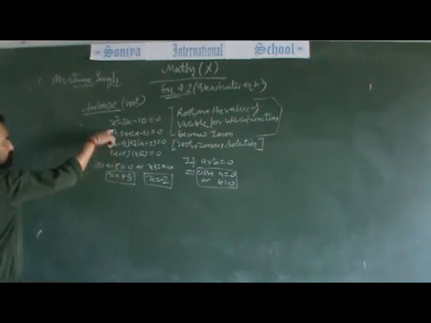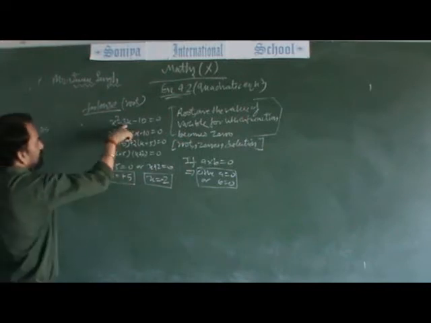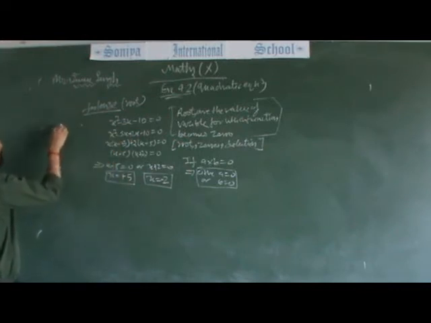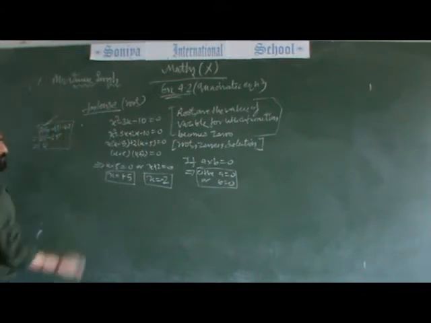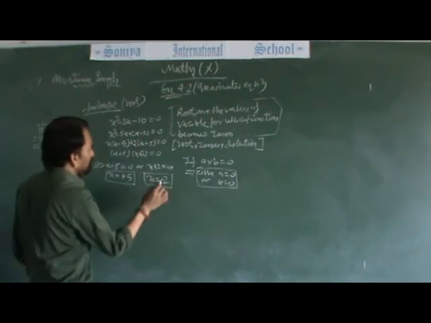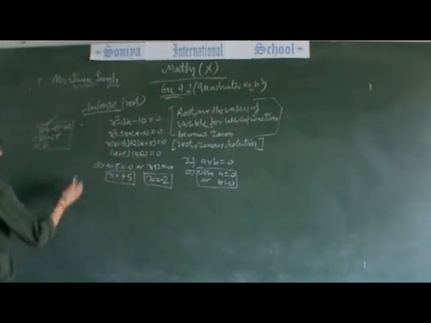Now substitute the value. The square of 5 is 25, 5 threes are 15, minus 15 and minus 10. 25 minus 15 minus 10 is equal to 0. Our first answer is correct. Now put x equals to minus 2 in the polynomial.